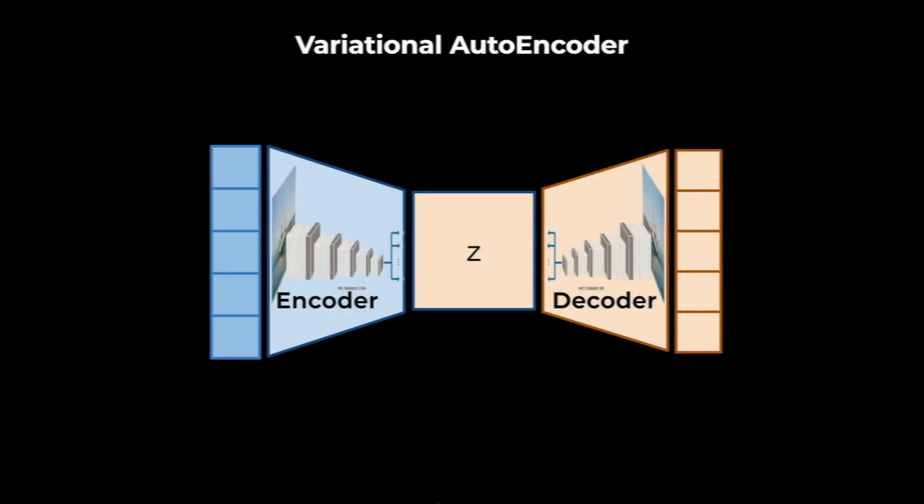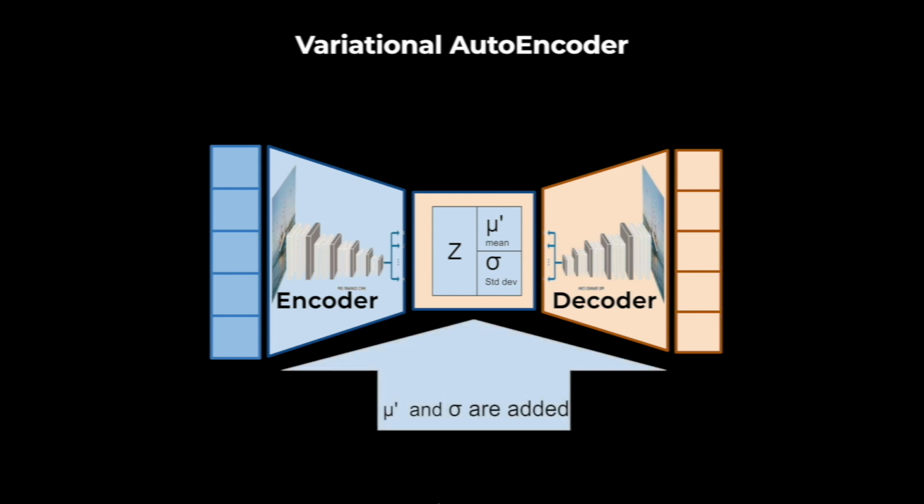To solve both problems, the variational autoencoder reparameterizes the latent space by adding the mean and the standard deviation of the encoded values. It means along with the original latent values, the mean and the standard deviation are also added into the latent space.